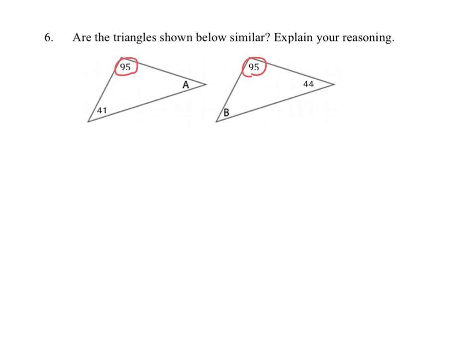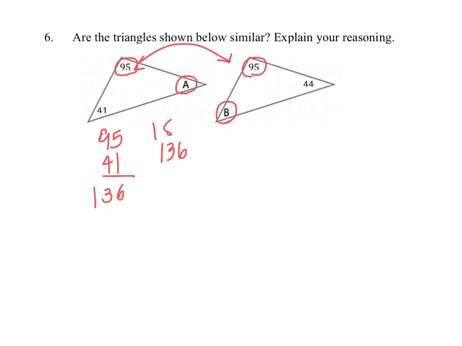95 and 95 are congruent. We need to find the missing measurement for A and the missing measurement for B. So 95 and 41 add up to 136. And if we subtract that from 180, because the total is 180, then we have 44.